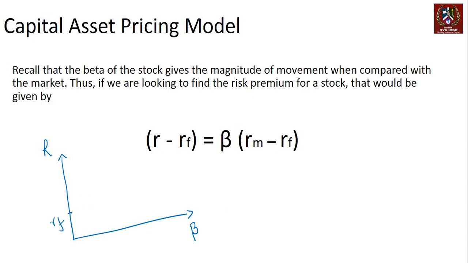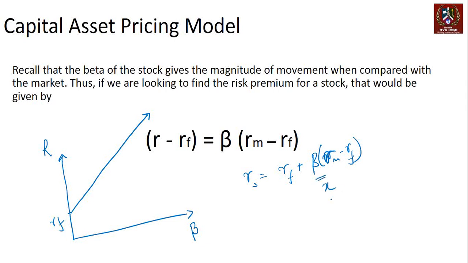If you draw a line now as beta keeps increasing on the right-hand side, your return expected from the portfolio will increase linearly. That's what we said. Return on the portfolio or the stock is going to be equal to risk-free rate plus beta into RM minus RF. So it will increase linearly.